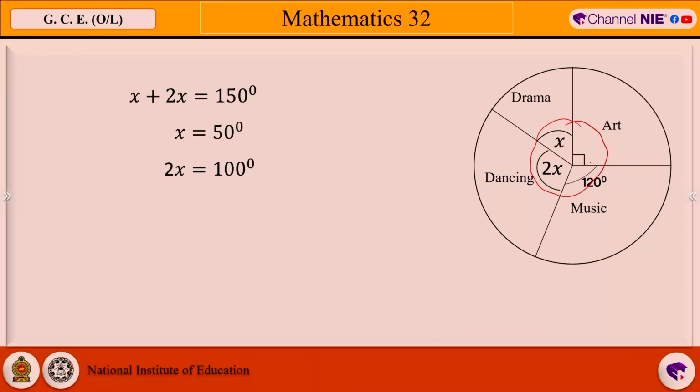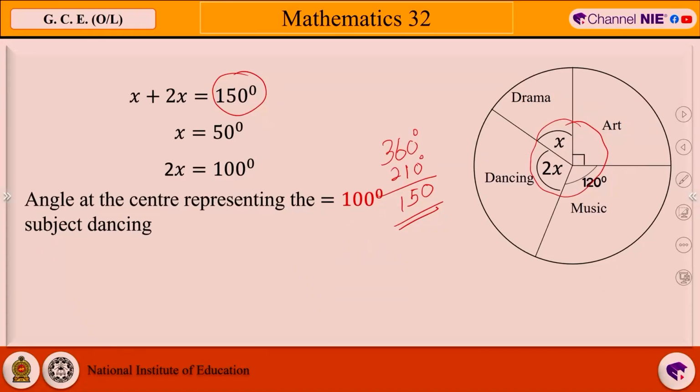Sum of this 90 and 120 is 210. So, if you subtract 210 from 360, you get 150. That is the angle here. So, by solving this for x, you can find the value of the angle which represents the students who are doing dancing, which is 100 degrees.